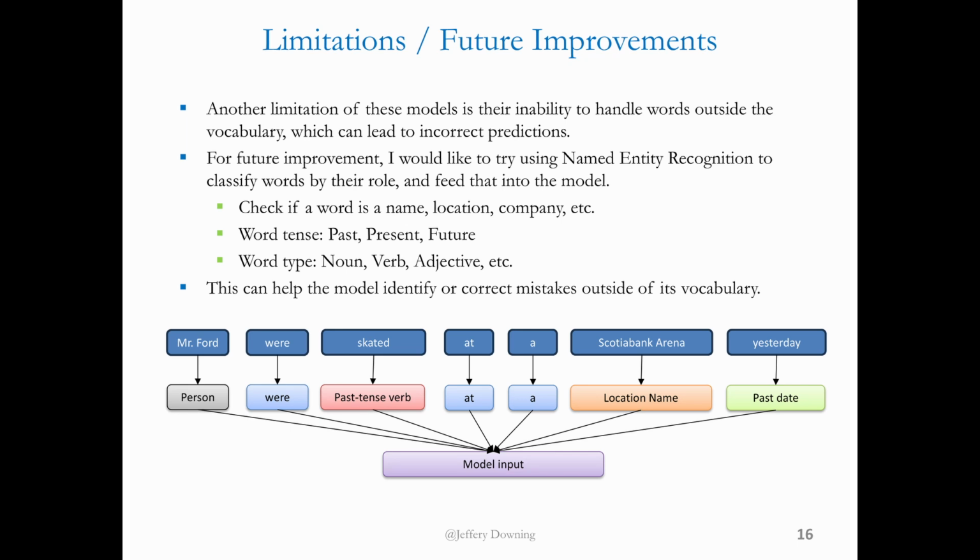We could also check the word's tense, because that's also important in grammar. And then we can also check the word type itself: is it a noun, a verb, an adjective? This could potentially help the model identify or correct mistakes that are outside of its vocabulary. At the bottom of the screen is just an example of what this could look like.